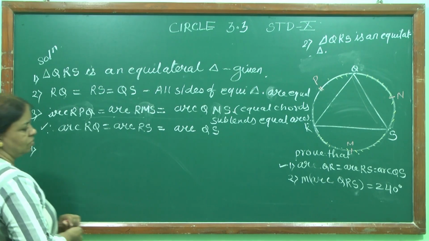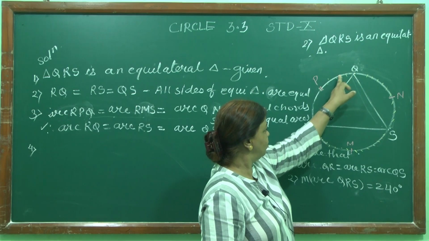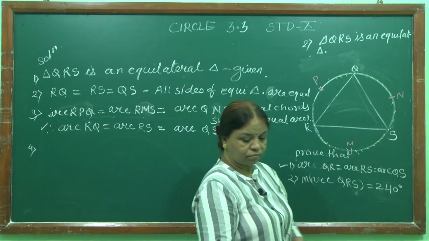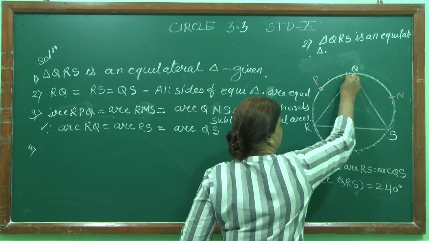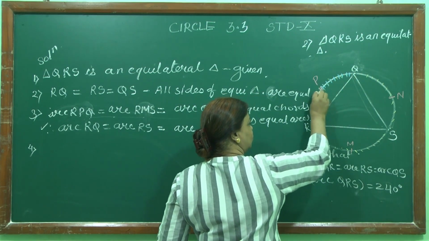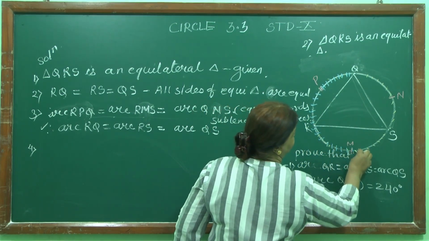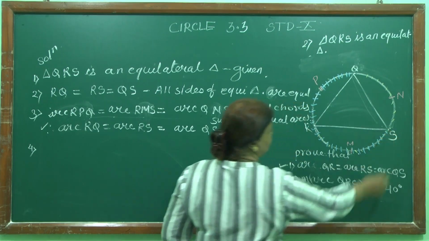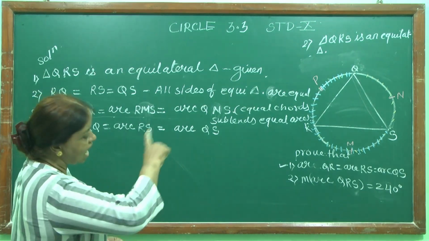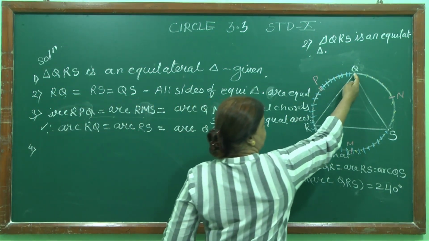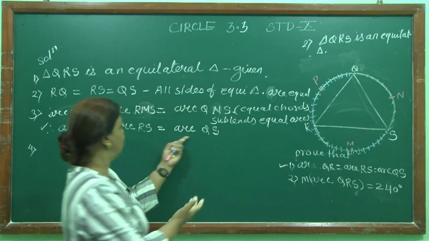Fourth point, find major arc QRS. We want to find out this arc. Let me highlight it with blue. We want to find out QRS. Nothing is given to us, but all the arcs are equal. This arc is equal to this arc is equal to this arc. We have proved here.